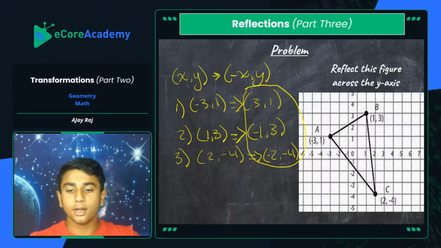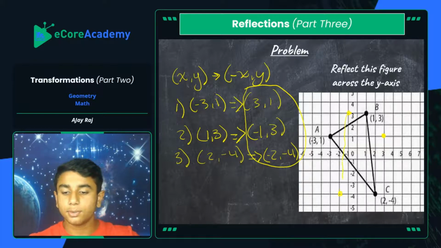We have point 3 comma 1 here, point negative 1 comma 3 right here, and point negative 2 comma negative 4 right down here. So we can just draw those lines, connect these points that we've already graphed, and we are good and done.